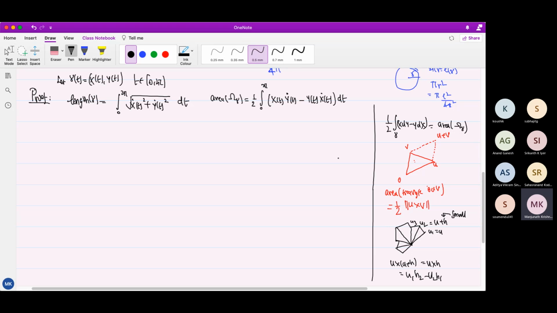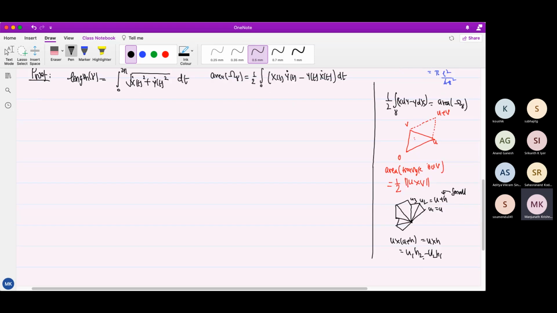So what you have here is precisely that. This actually gives the signed area, to be precise. u1 h2 minus u2 h1: u is like gamma of t, or x of t, y of t if you want, and h is like dx of t, dy of t.